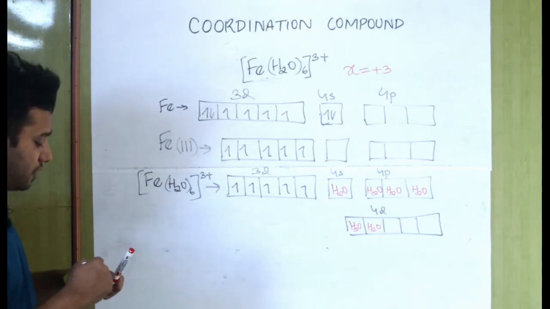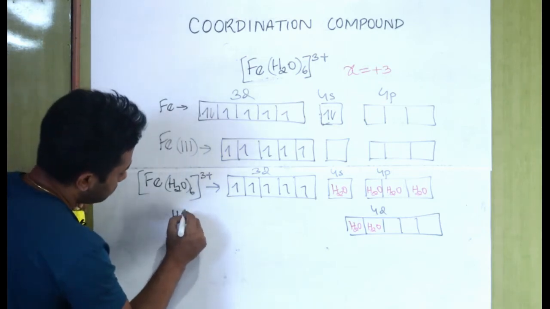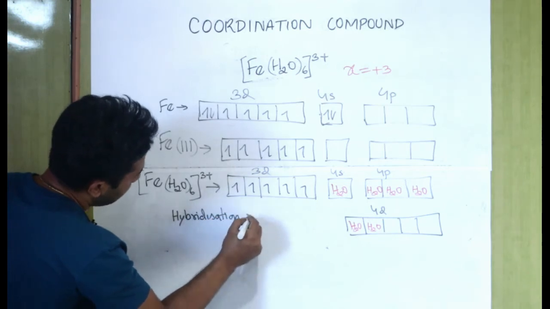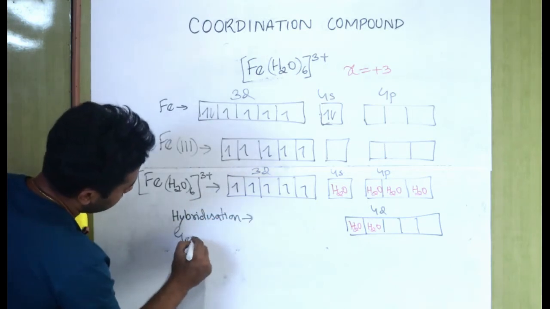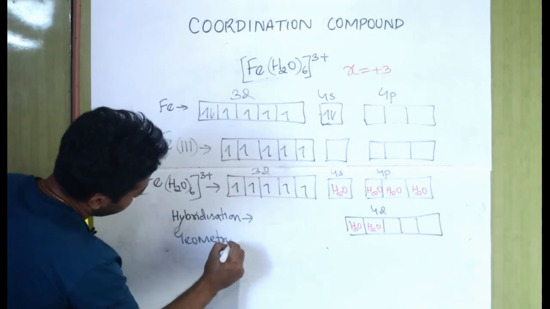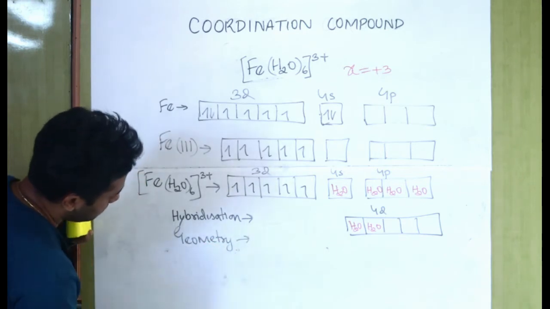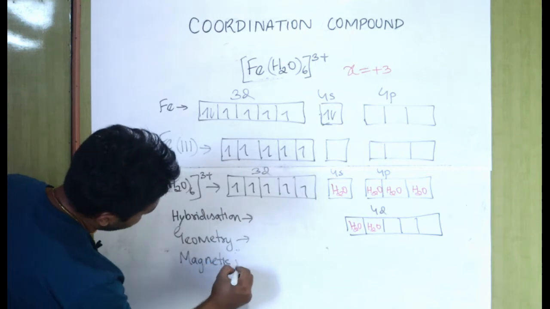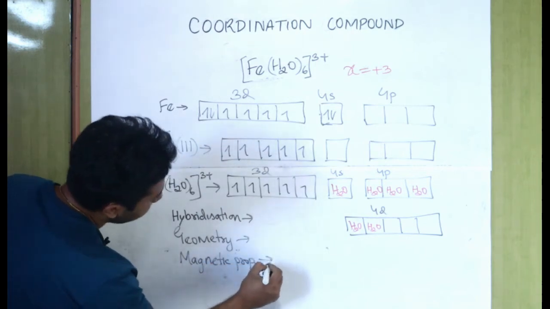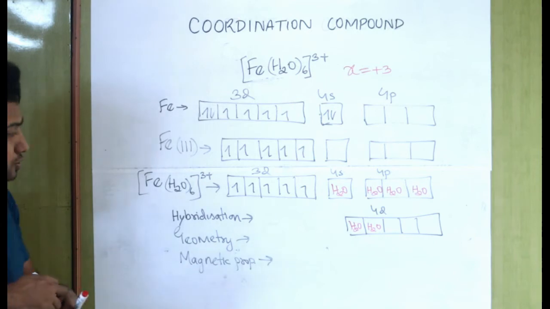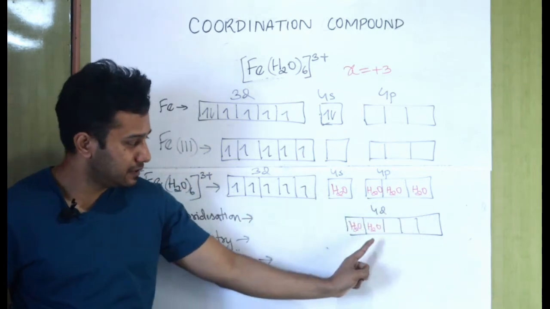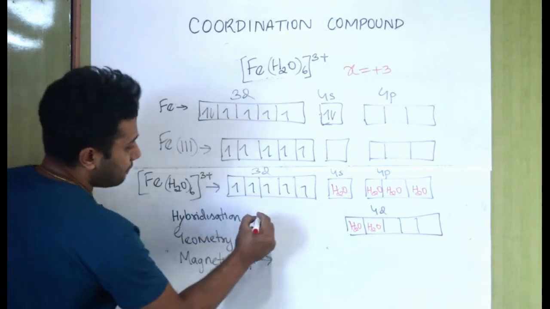So if I write the hybridization, geometry, magnetic property. So what will be the hybridization? sp3d2.